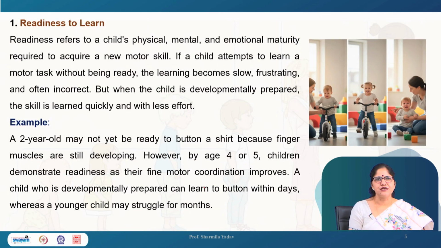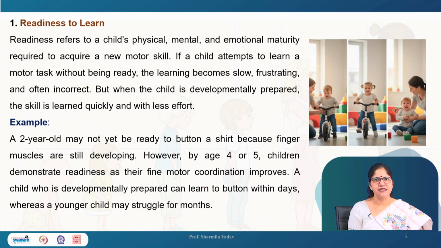First essential condition is whether the child is ready or not. Readiness to learn, whether that age is achieved, that maturation is achieved or not. So readiness refers to a child's physical, mental, and emotional maturity required to acquire a new motor skill.